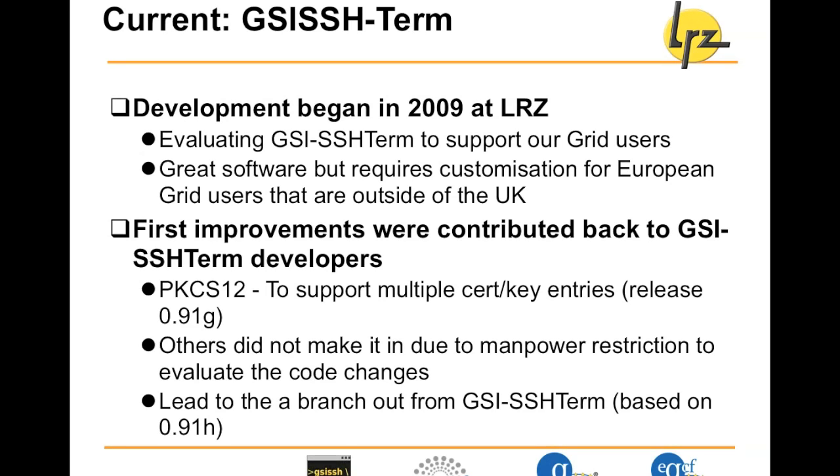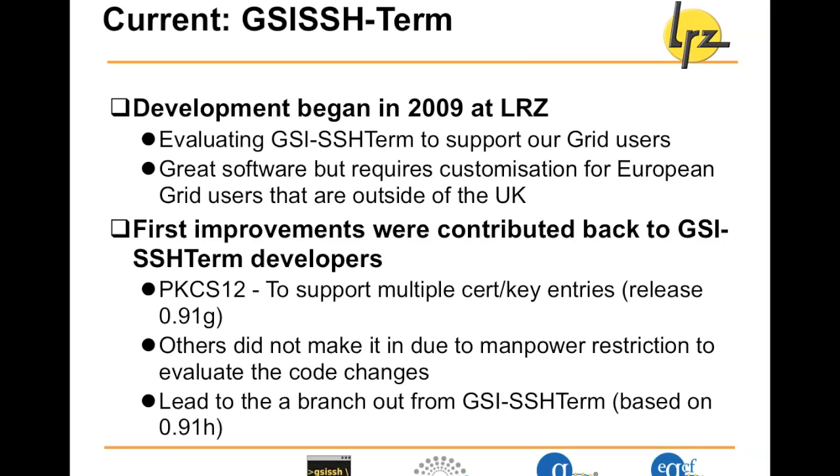One of the most significant improvements is the support of multiple key cert entries within a PKCS12 trust store. This was a requirement from France, where the French CA will by default give the users a PKCS12 trust store with both the user cert and key and the CA certificates included within the trust store.